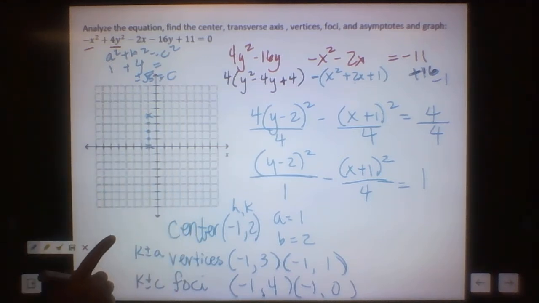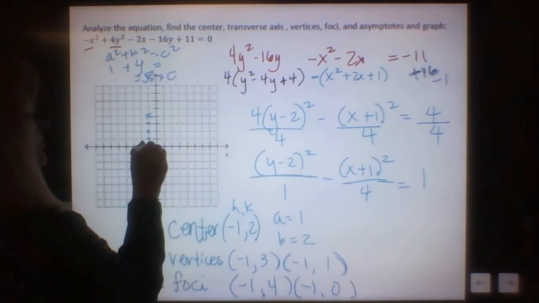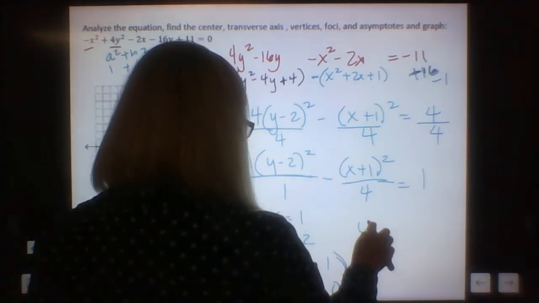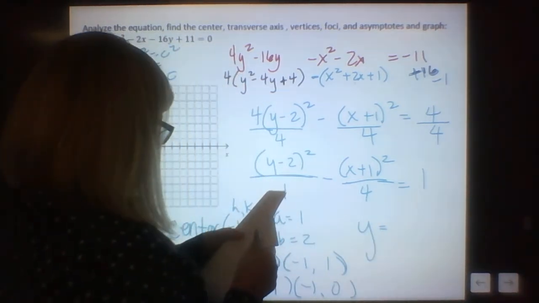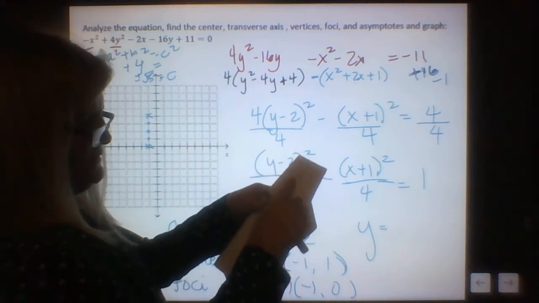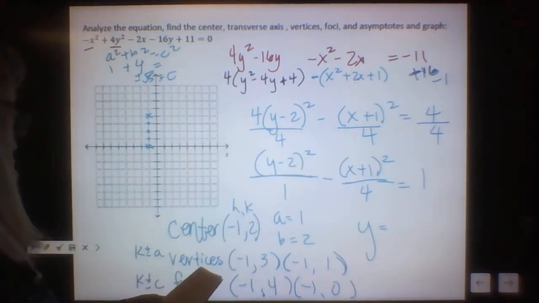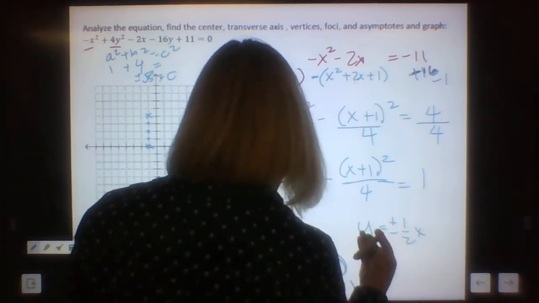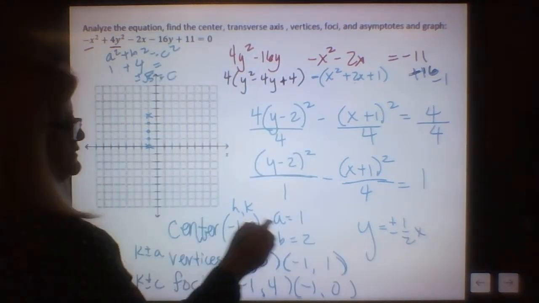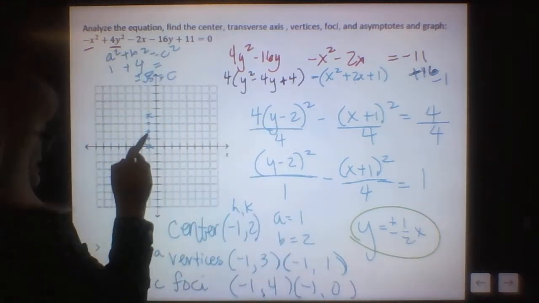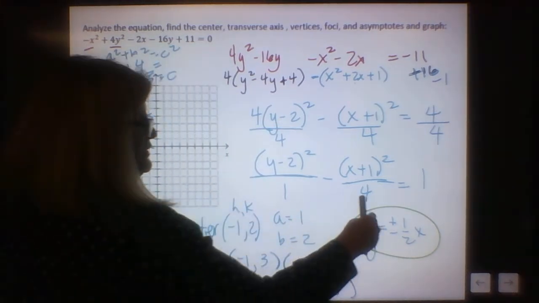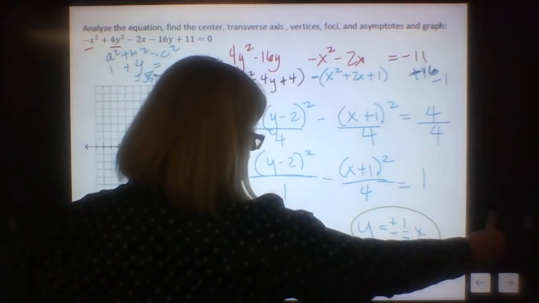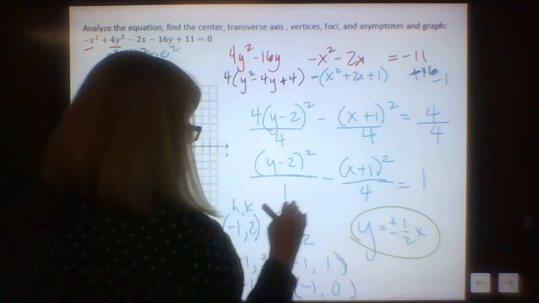Okay, so now from my center, not from the origin, from my center, I am going to do A over B, because it's on this. A over B, so plus or minus 1/2 X. I'll use a different color. I'm not going from here. I'm just going to go from the center.